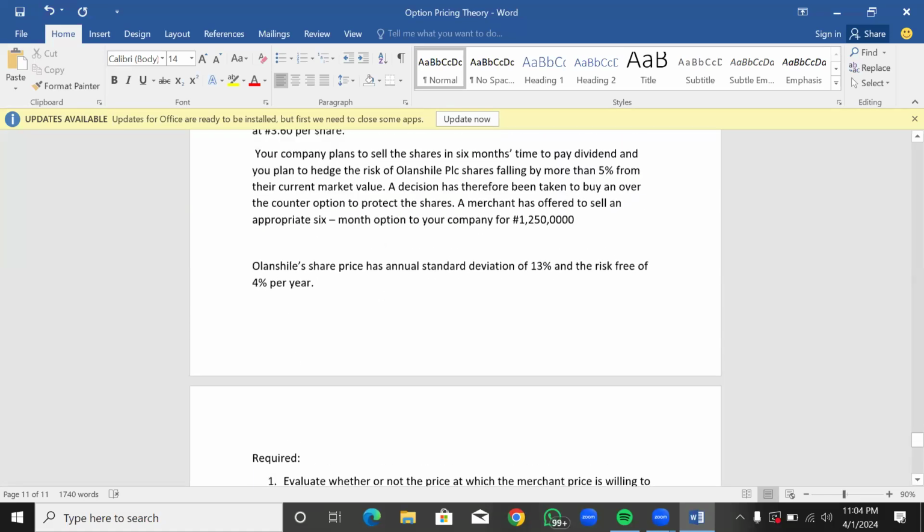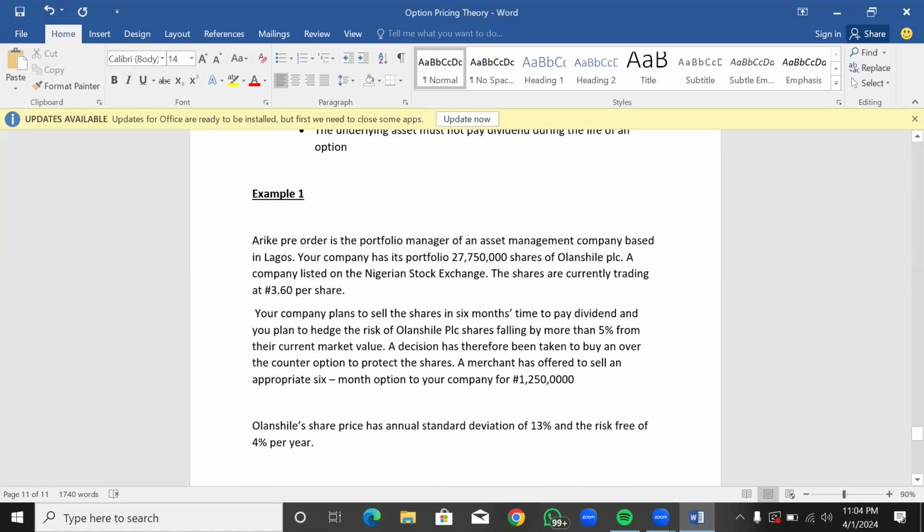So what's the exercise price? Exercise price is strike price. I already explained what exercise price means. It's a fixed price that you buy or sell the underlying at when the transaction happens.